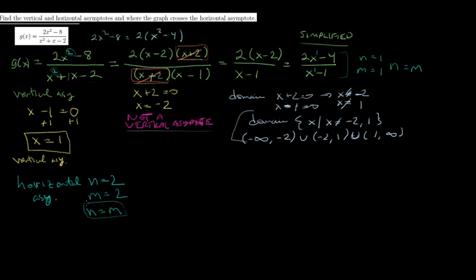So either way, it doesn't matter whether you use the simplified version or the non-simplified version. And the reason is because if something cancels from the numerator, it also cancels from the denominator. So you're reducing the degree by 1 by canceling.